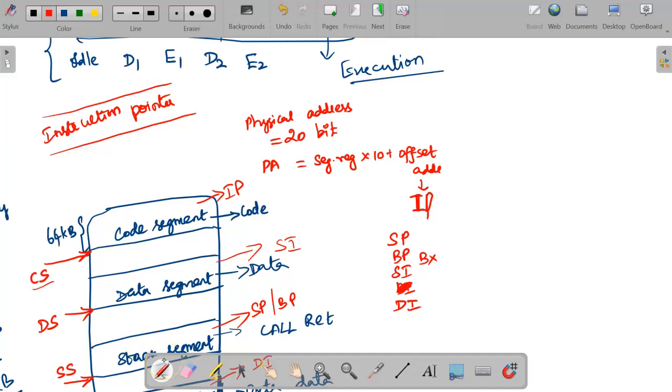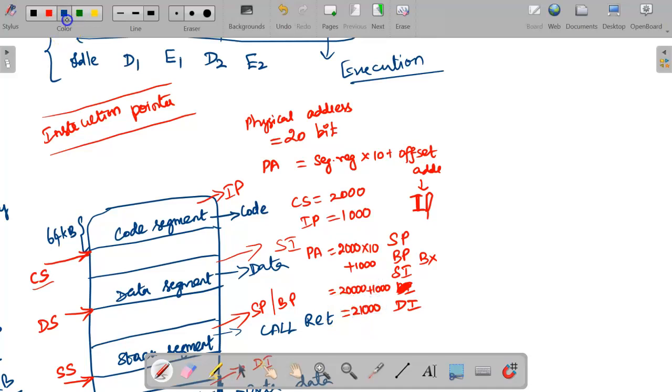For example, if my CS value is 2000 and IP value is 1000, then my physical address will be 2000 into 10 plus 1000. So it will be 20,000 plus 1000, which is 21,000.